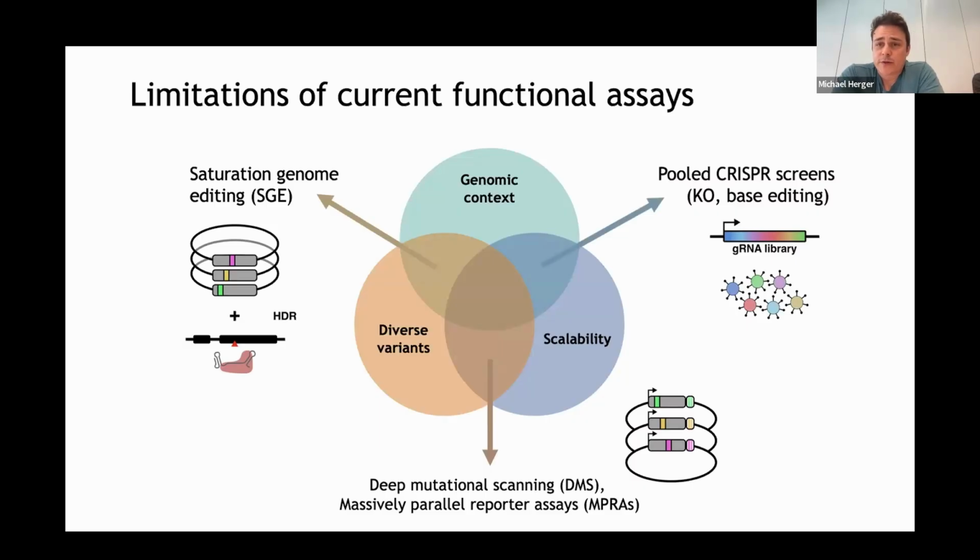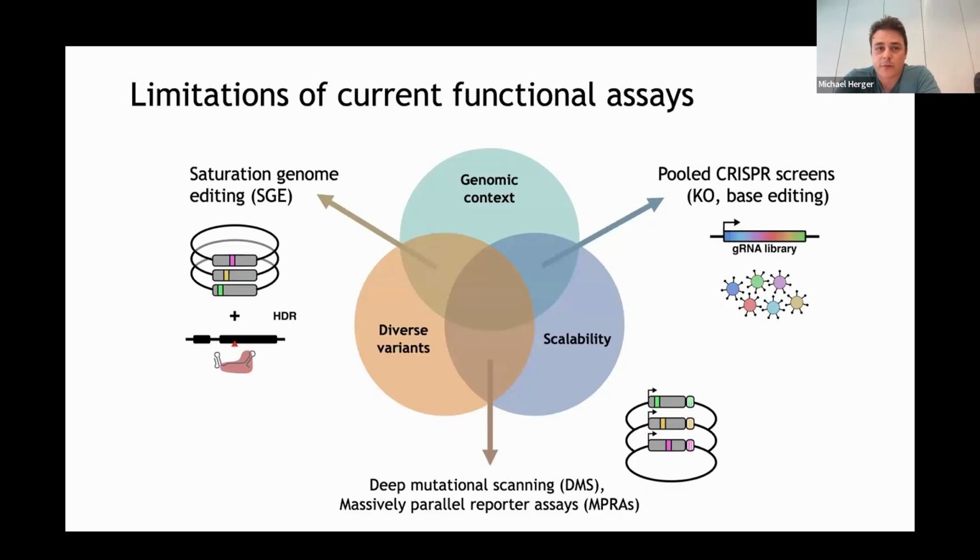Finally, for pooled CRISPR screens, there are formats for nuclease-based knockout screening as well as base editing screening currently. For these assays, guide RNA libraries are delivered to cells in lentiviral libraries, which enables the installation of variants genome-wide.